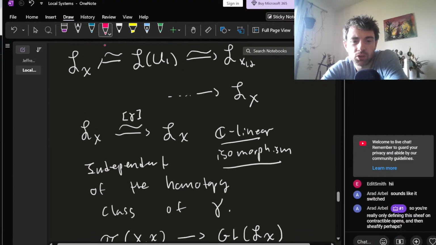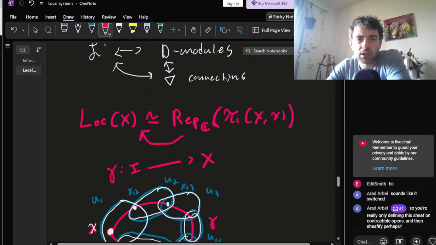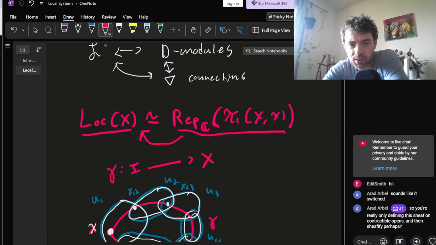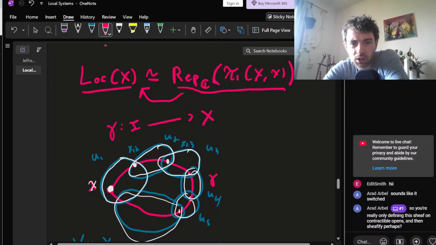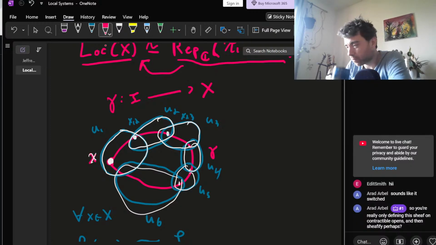So I claim that there's an equivalence of categories between local systems and representations of the fundamental group. And how do we go about doing that? Well, it's this picture I drew yesterday where basically you take a loop, as I drew here in red, and then you find some finite open cover of that loop.